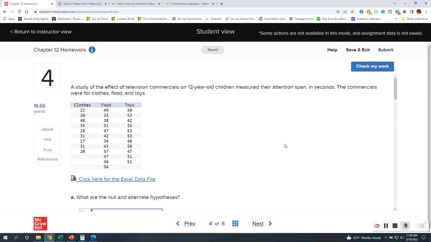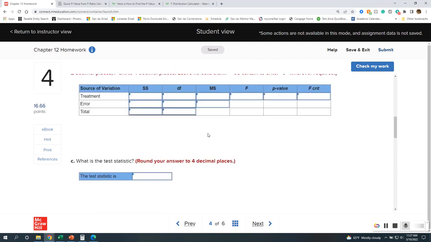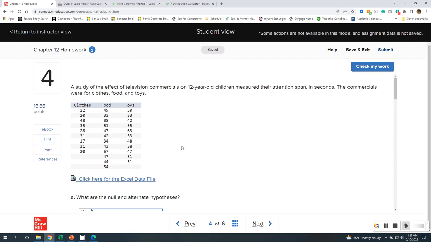All right. Next, we have a study of the effect of television commercials on 12-year-old children, measuring their attention span in seconds. The commercials were for clothes, food, and toys. So this is going to bring some fun.